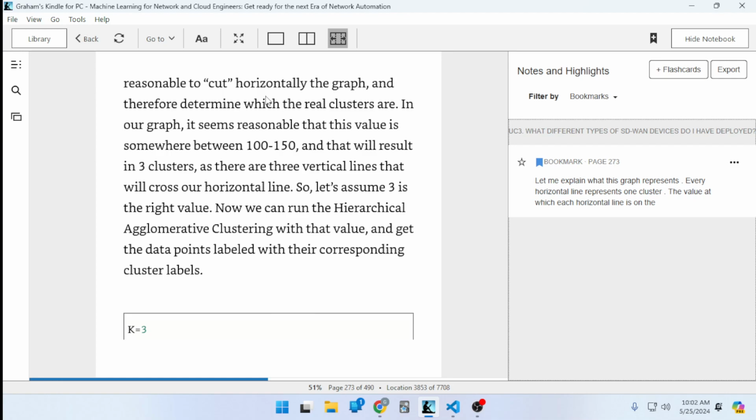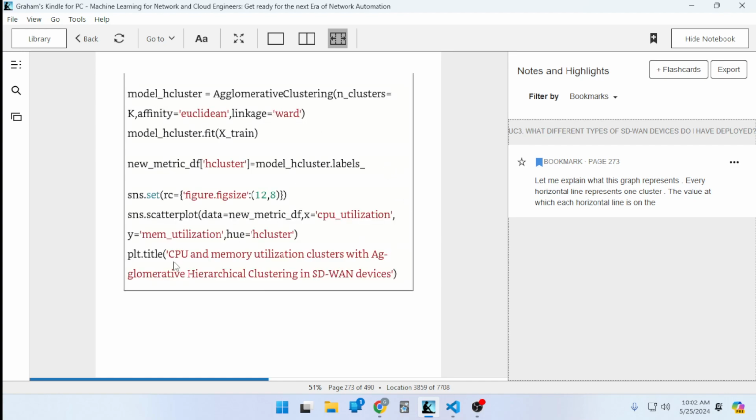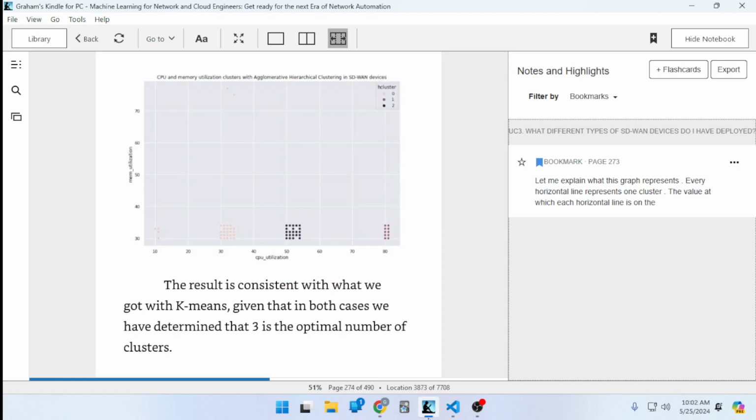Now, let's assume 3 is the right value. Now we can run the hierarchical agglomerative clustering with that value and get the data points labeled with their corresponding cluster labels. So k equals 3. And then we're going to plot a graph of CPU and memory utilization clusters with agglomerative hierarchical clustering in SD-WAN devices. So I'll advance the bookmark and then run that in the Jupyter Notebook.